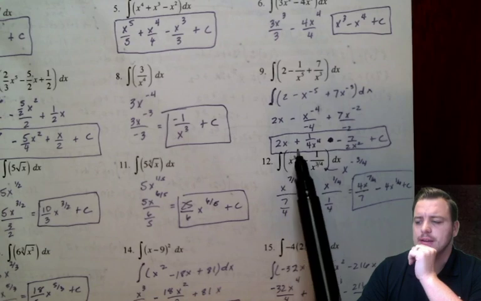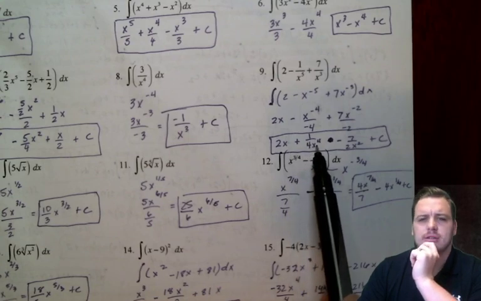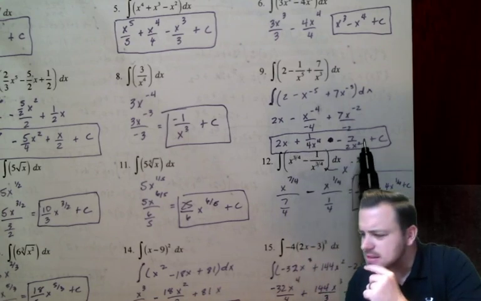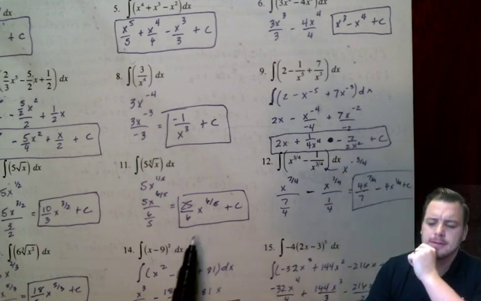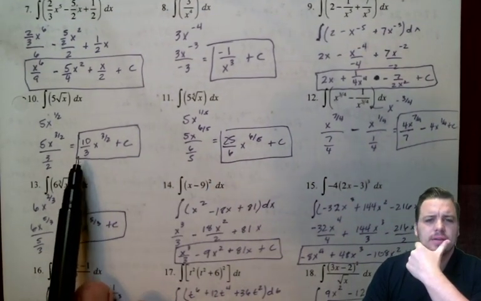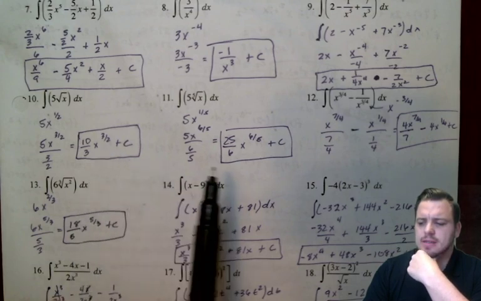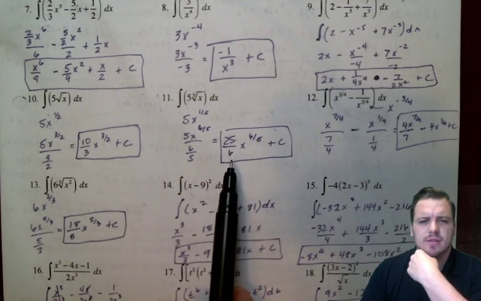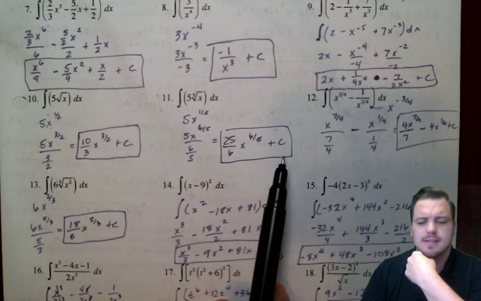Number 9, 2x plus 1 over 4 x to the 4th minus 7 over 2x squared plus c. 10, 10 over 3x to the 3 halves plus c. 11, 25 over 6 x to the 6 fifths plus c.